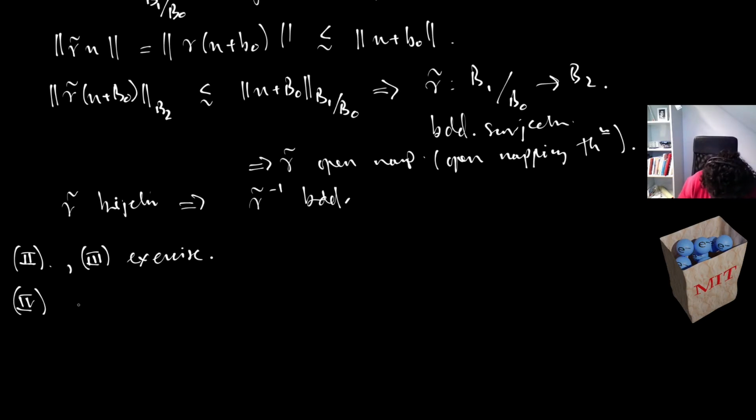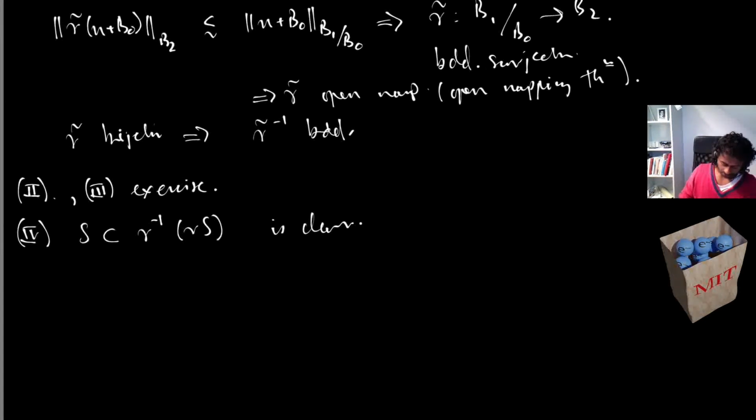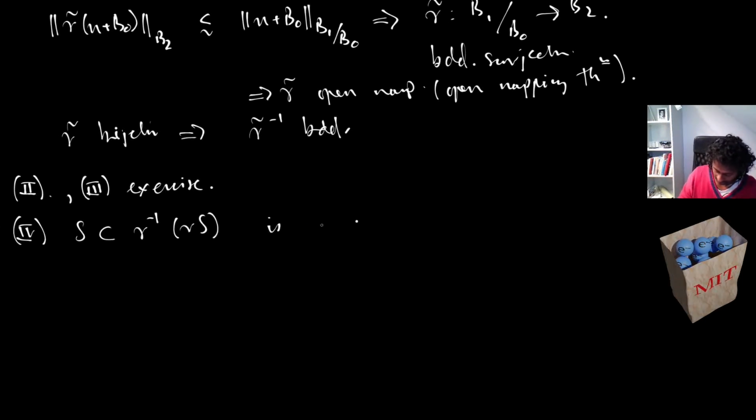So it's clear the direction gamma inverse gamma S contains S, this is clear, right? It's really the other direction that's hard or harder.